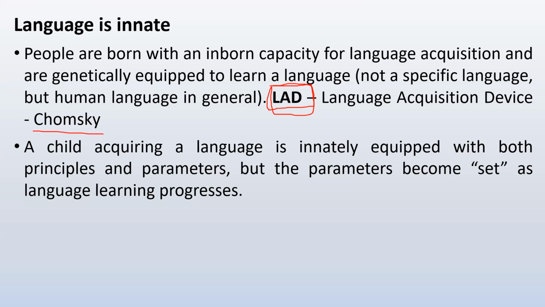That capacity the baby develops because of the interaction with the environment, with the parents, with the adults, whoever is near him or her. With that exposure, the baby starts using a language when he or she is almost 1 year old, 1.5 years old. That is what is naturally happening.